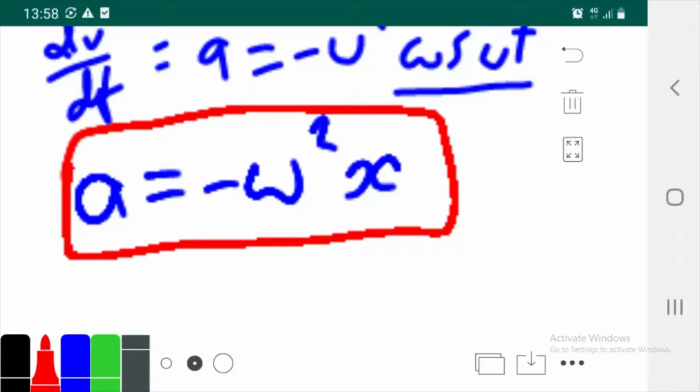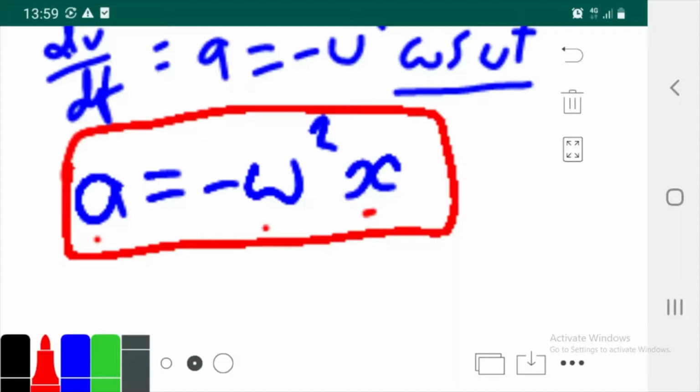Very important. The acceleration of the object is proportional to its distance from the equilibrium, so if x is 0, or the pendulum's in the central position, it will have no acceleration. It's also proportional to the angular velocity, or how many cycles per second this object is doing, the time period. So that's good. We've just defined the basic equation of simple harmonic motion.